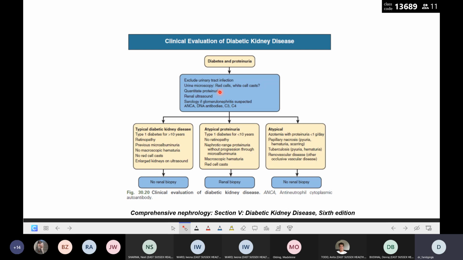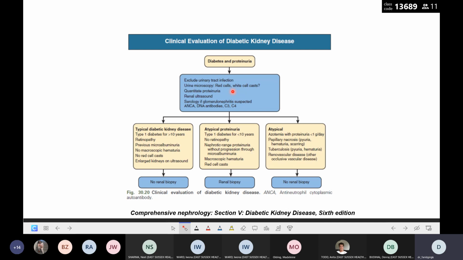So if the urine dipstick is negative for protein, this doesn't mean that this patient has no microalbuminuria or has no proteinuria. No, this patient may have microalbuminuria, because microalbuminuria is not detectable by our urine dipstick. I think this is a very, very important clinical point in our practice.